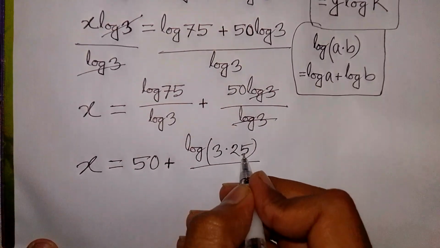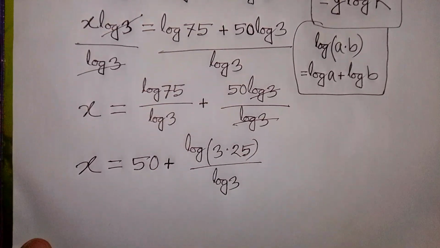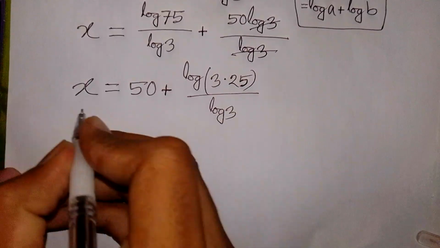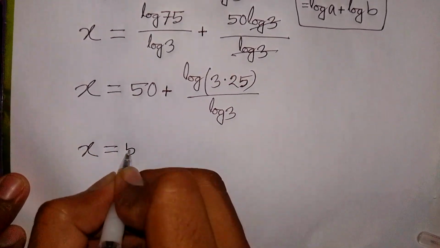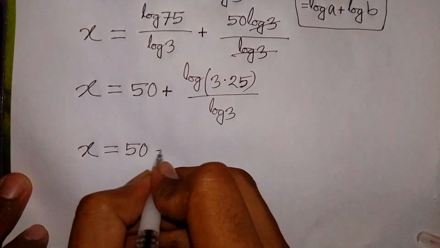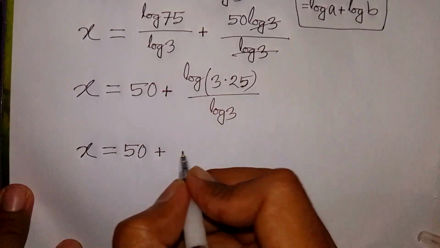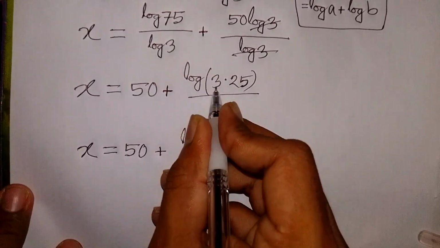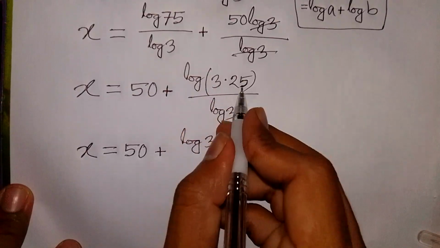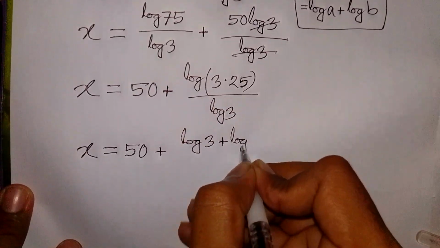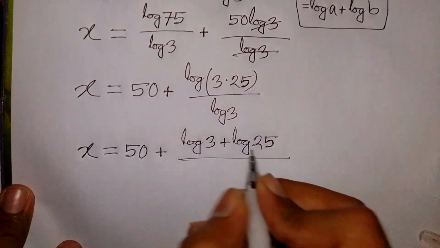Now we have x is equal to 50 plus log of 3 times 25, which is the same as log 3 plus log 25, over log 3.